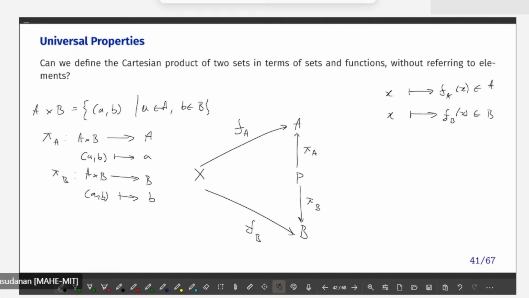Can I somehow use these projections to define some other map, from X to P?